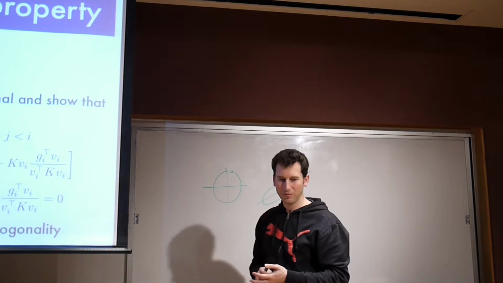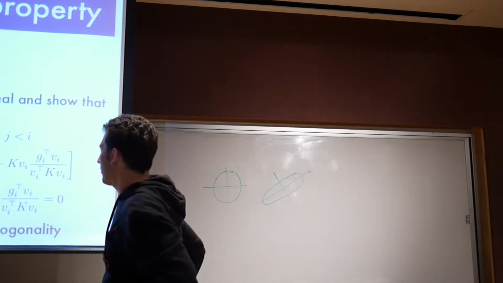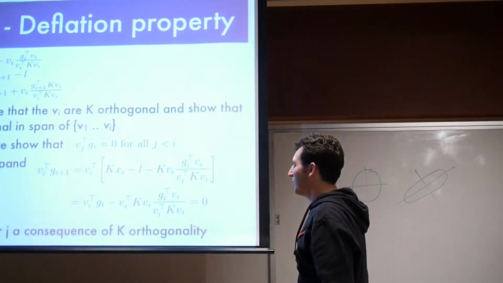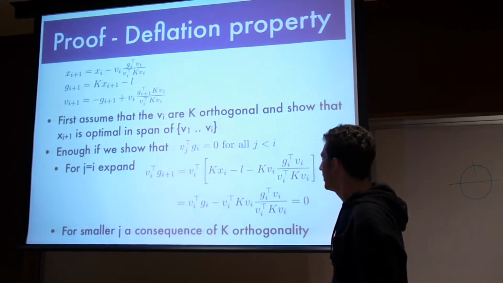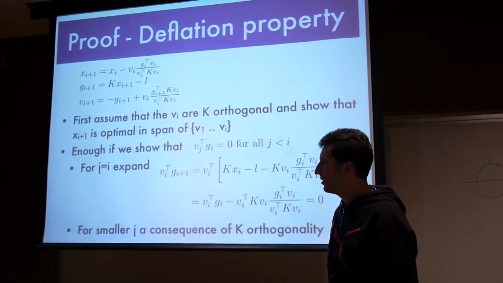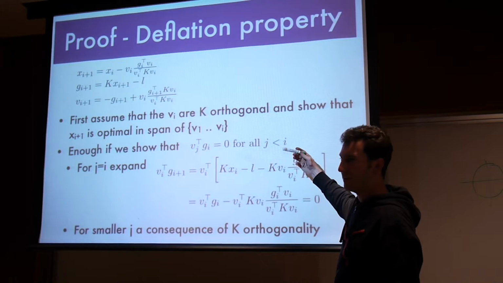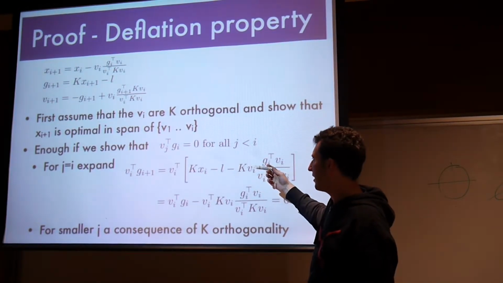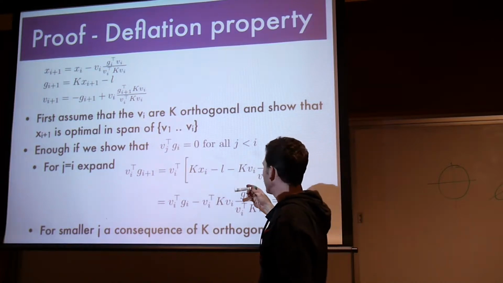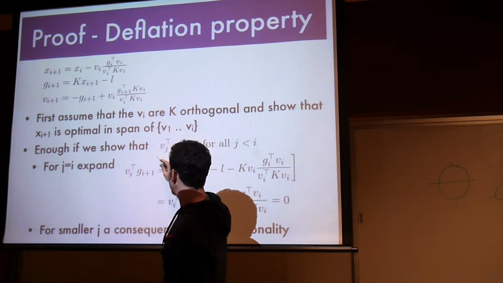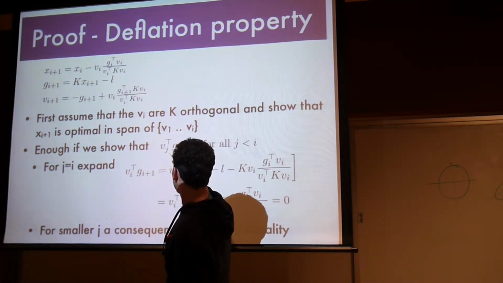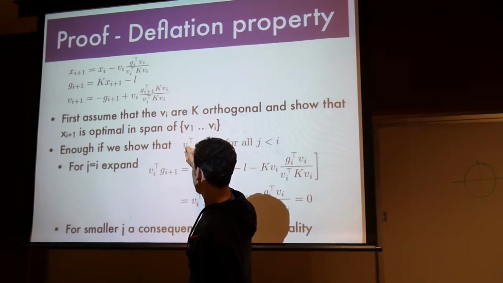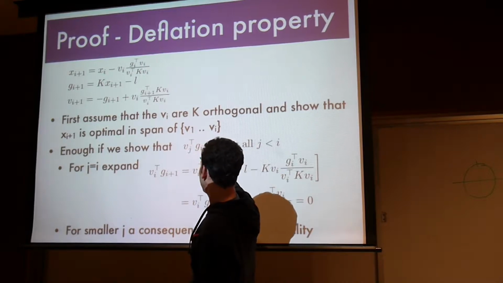Now, let's actually prove this property. The first thing is, I'm assuming that those vi's are actually k-orthogonal, and then I'm going to show that at each step what I'm projecting out is the best thing I can do. The only thing I need to show is that if I compute the next gradient, this is orthogonal to all vj's, all of those basis vectors less than the ith one.